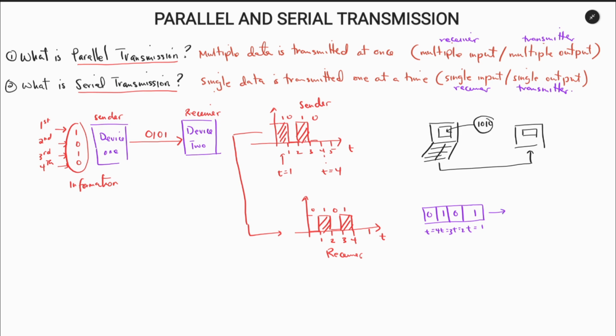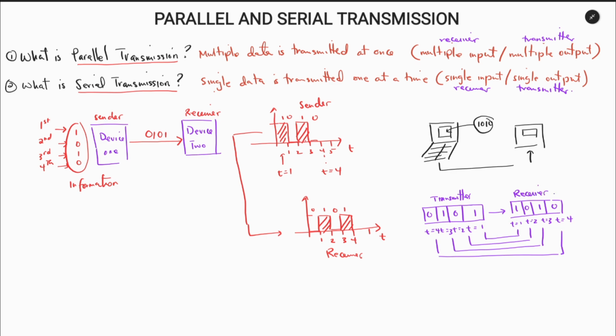When we transmit from the transmitter, we also have the same data at the receiving end, in this form 1010, where this is t equals 1, t equals 2, t equals 3, and t equals 4. We can see that the timing in which the data is sent and received is in the same order.